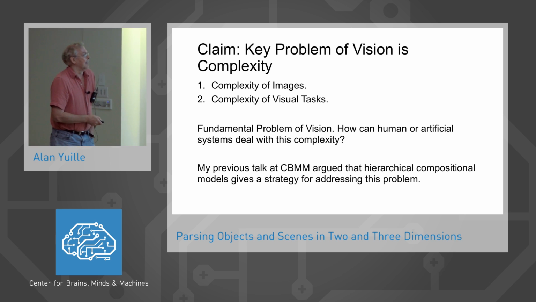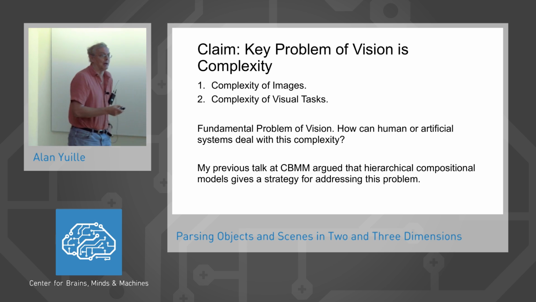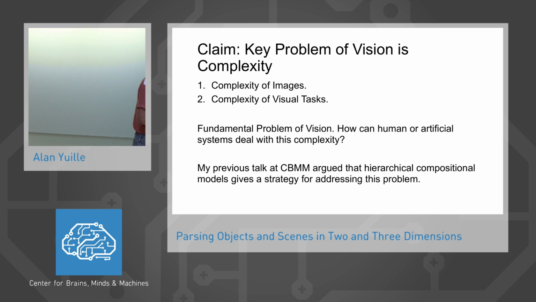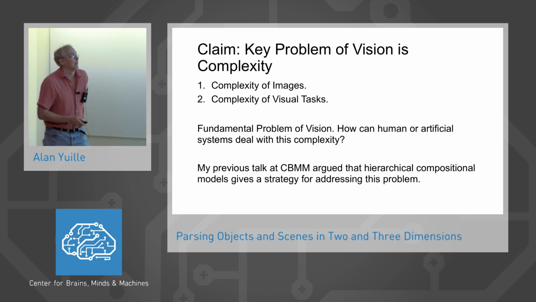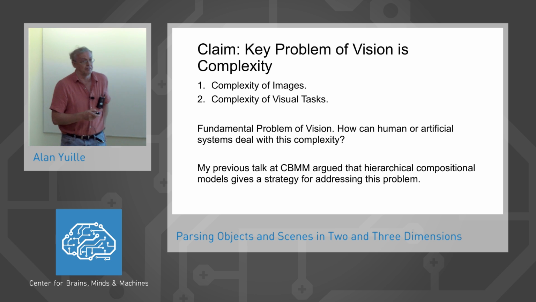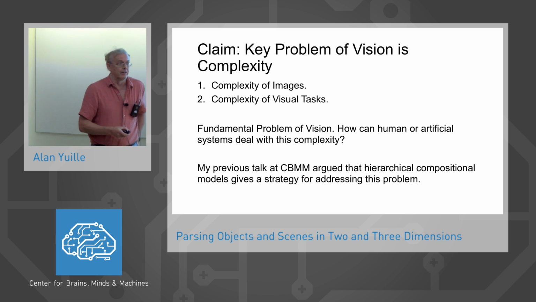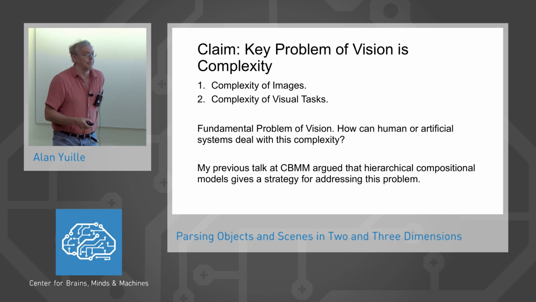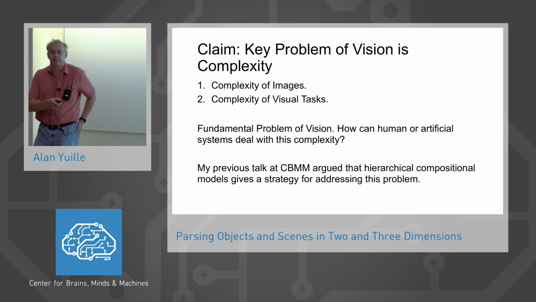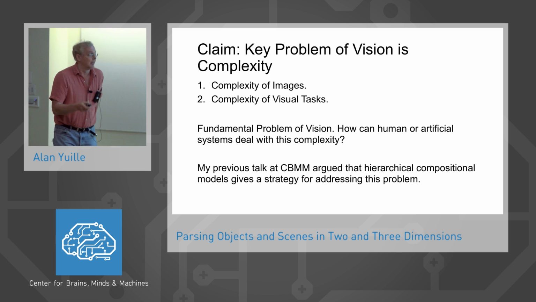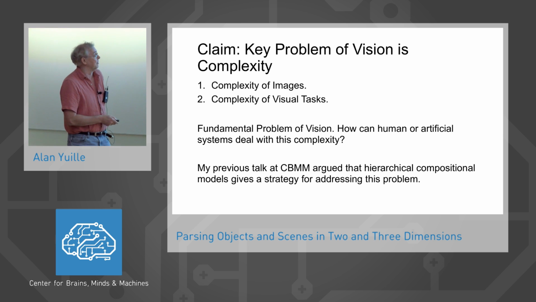Okay, so a general claim I would make is that perhaps the key problem of vision, and arguably of intelligence as a whole, is the issue of complexity. If the world was simple, if images were simple and so on, then computer vision would have solved it 50 years ago, whereas as a community we're still struggling with it.